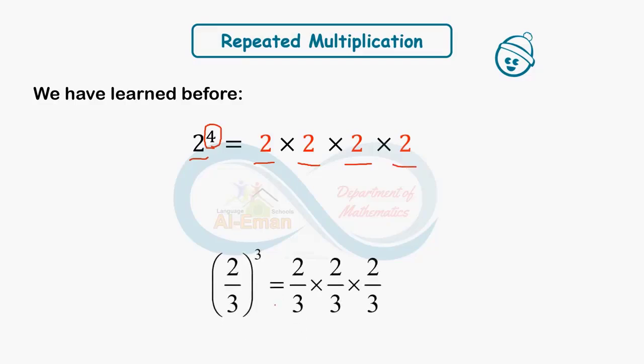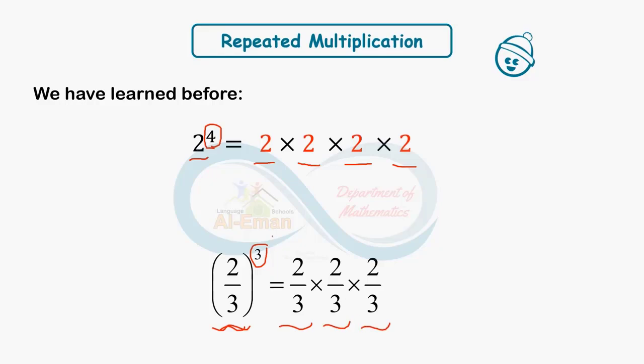Also, if we have a rational number that contains a fraction like 2 over 3 here in our case, all to the power 3, it means that the base, which is our rational number 2 over 3, is multiplied by itself 3 times: 2 over 3 times 2 over 3 times 2 over 3.